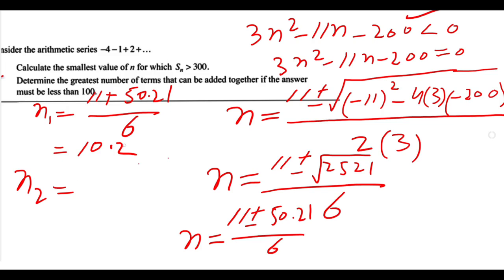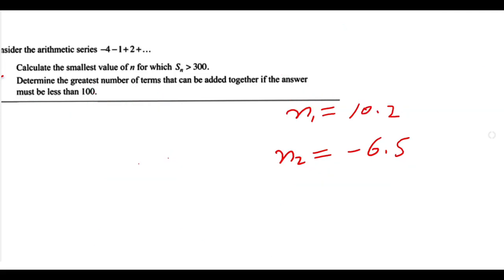N2 is 11 minus 50.21 divided by 6, so my answer is negative 6.5. So the two solutions are n1 and n2. Now we need to determine the greatest integer. Just remember, Sn is less than 100. So n must be a positive integer, it mustn't be negative. So we're not going to use this one. This is non-applicable, so we're only going to use the other one.